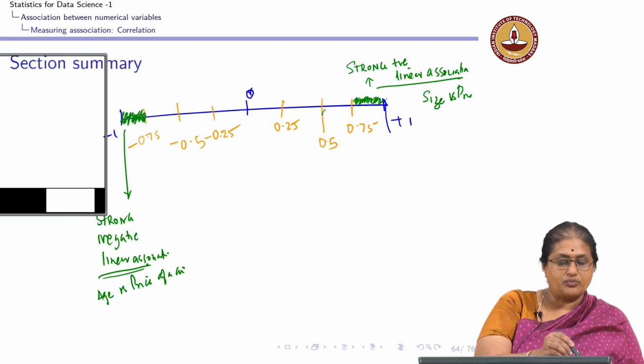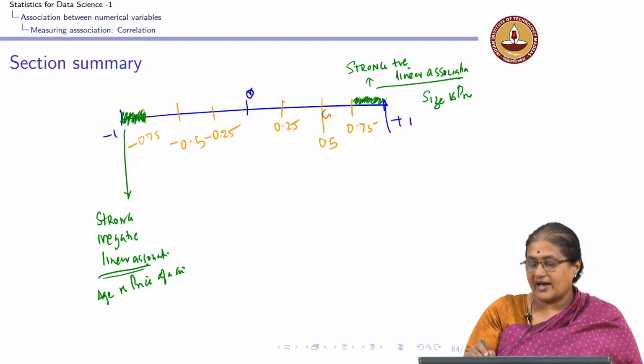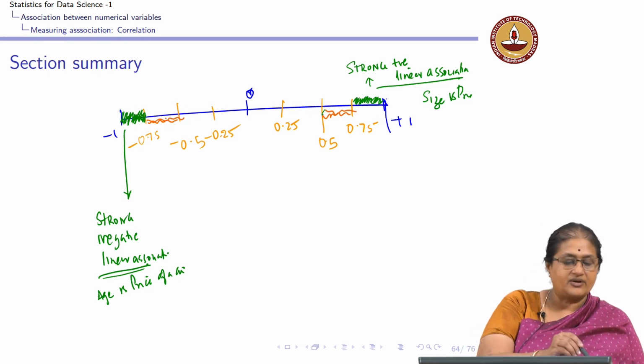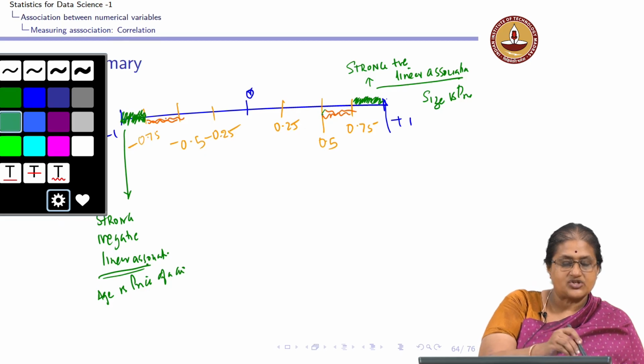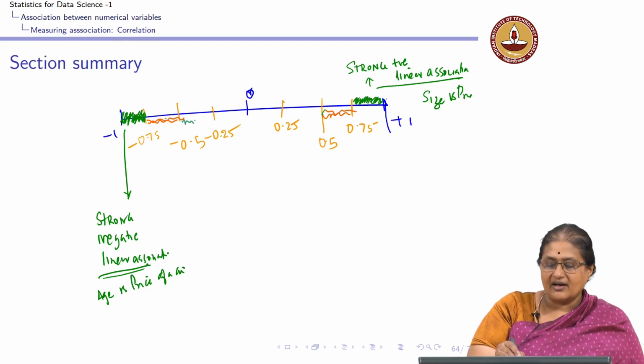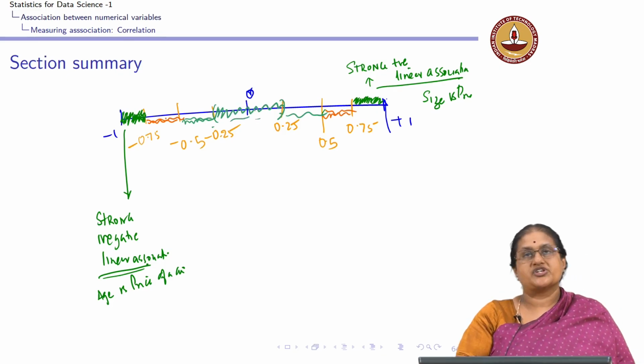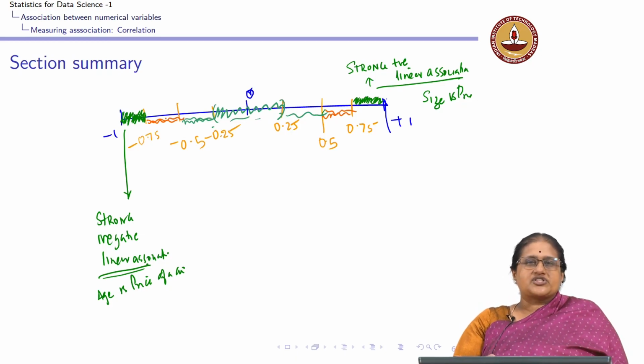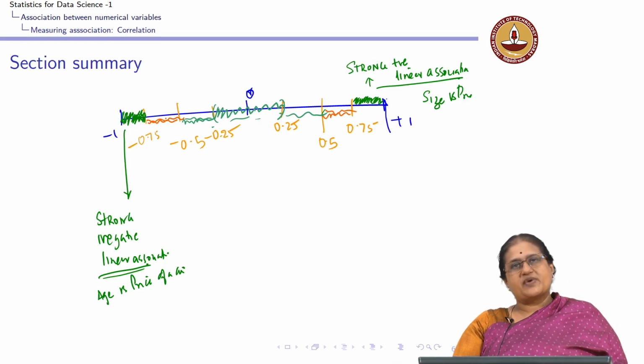This portion could be where I have a reasonable positive and reasonable negative, which could indicate a weak association, and between these two, this range could indicate no association. These are just indicative measures to interpret how strong my linear relationship is.